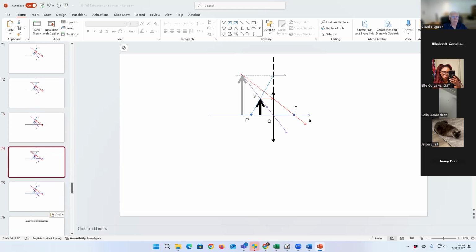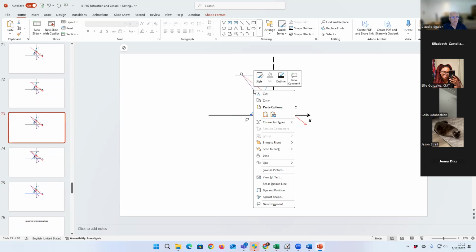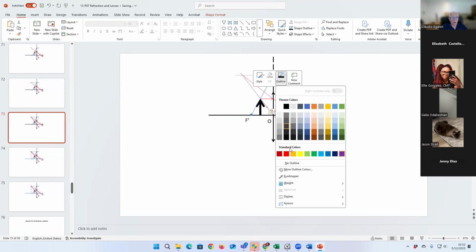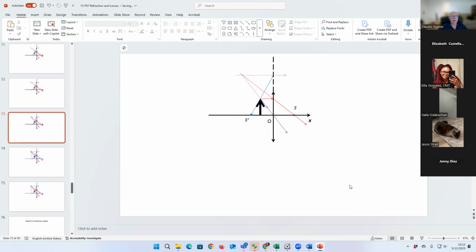If we did everything right, it is going to intersect the other two at the same point. And let's make it dashed. And finally, we have the image formed right behind the object.